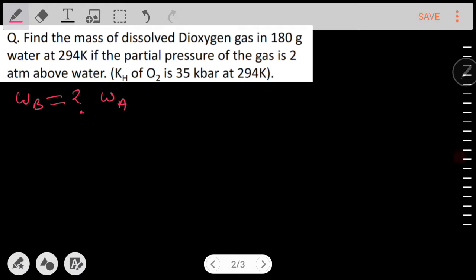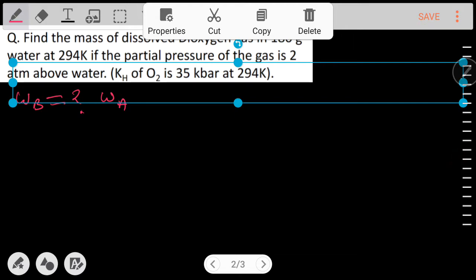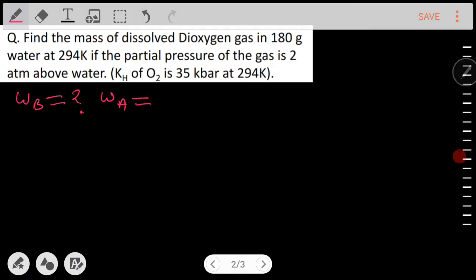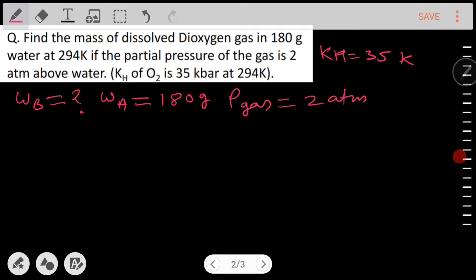WA, that is the mass of water, which is here the solvent, is given as 180 gram. The partial pressure of the gas is given as 2 atm, and the value of KH is given as 35 kilobar.